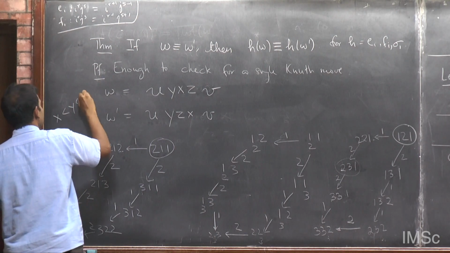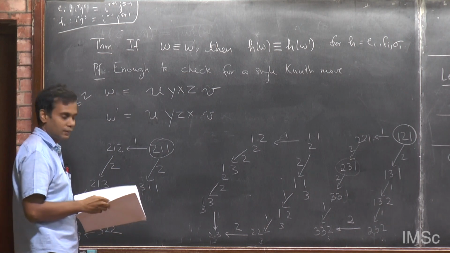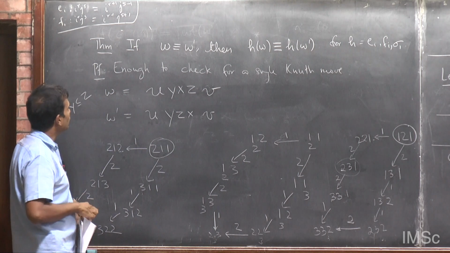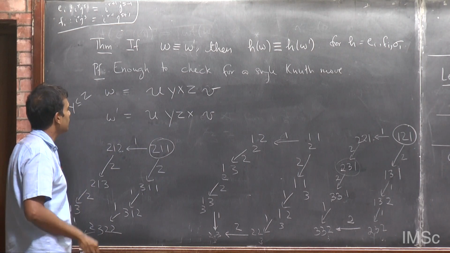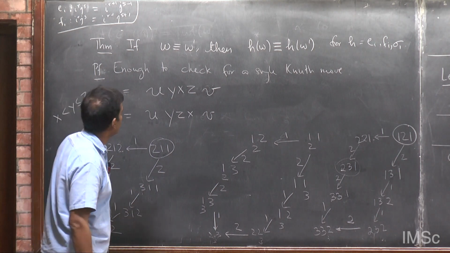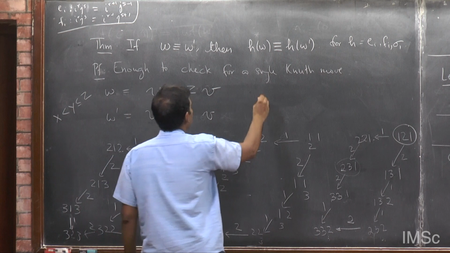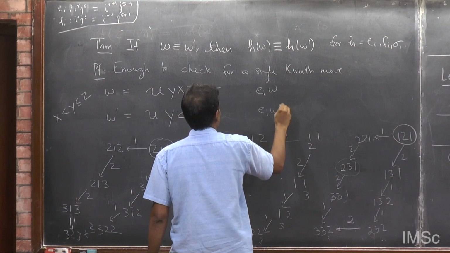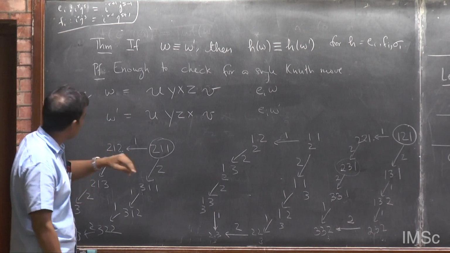Now we apply, let us say, the operator EI to both of these. So we will have EIW and EIW prime. Now there are various possibilities.